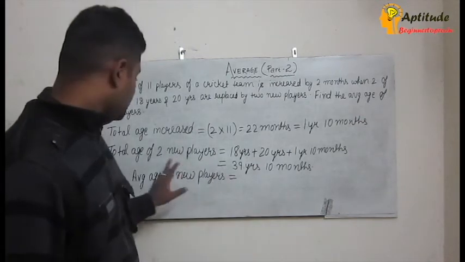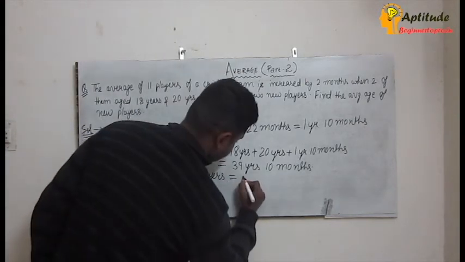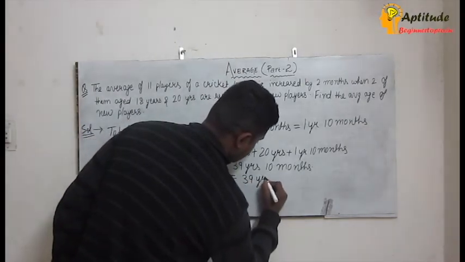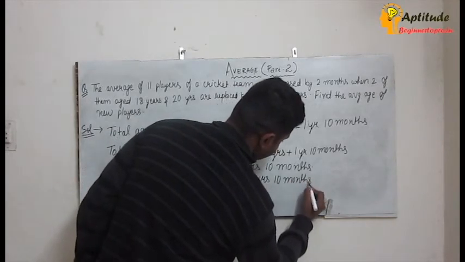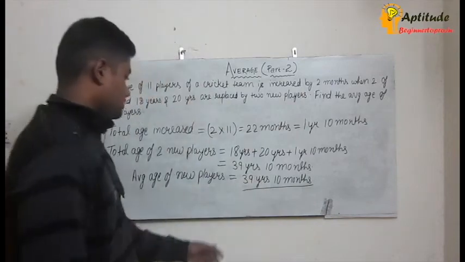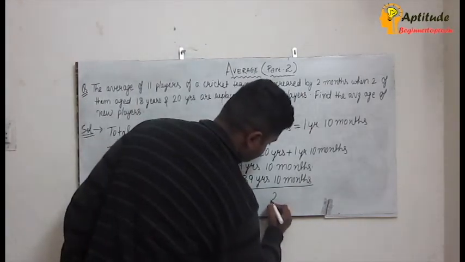Here the total number of observations will be 2. So the total age, which is 39 years 10 months, divided by the total number of observations, which is 2.